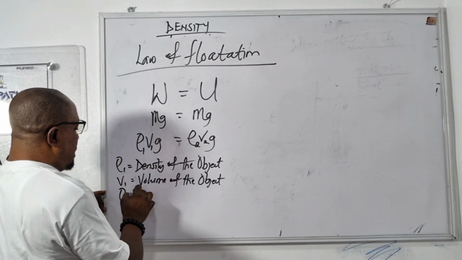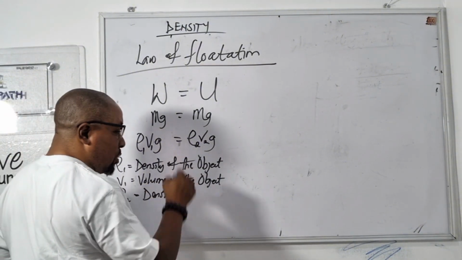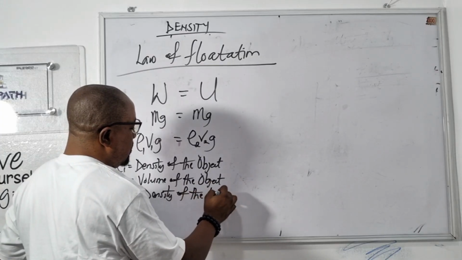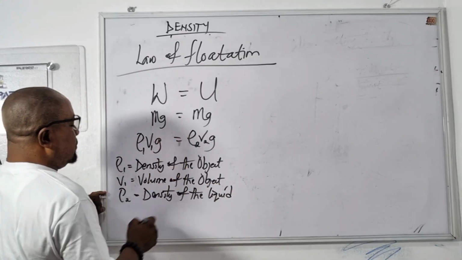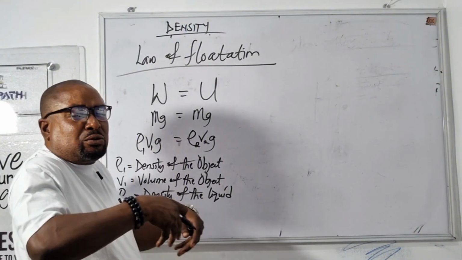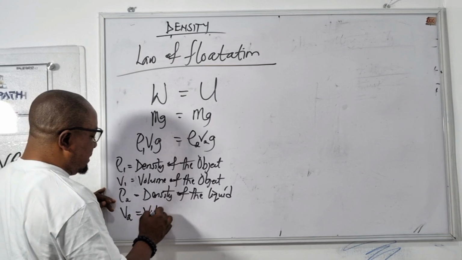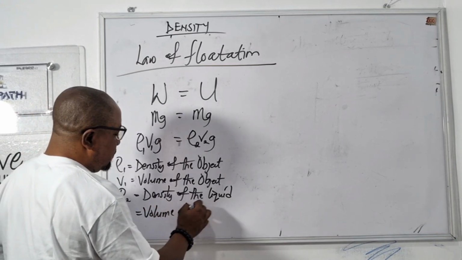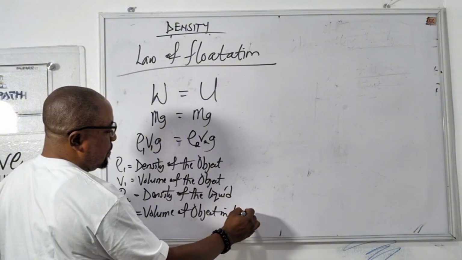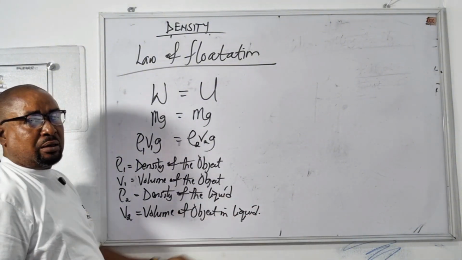Density 2 is the density of the liquid where the object is going into. And V2 is the volume of the object that is immersed inside the liquid.